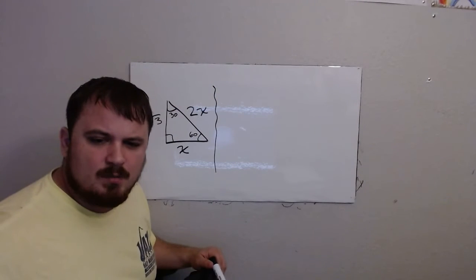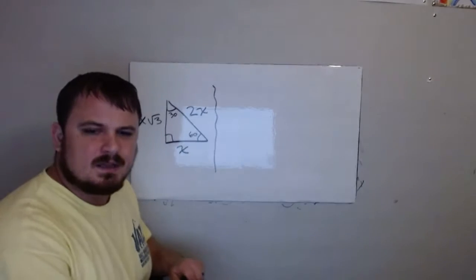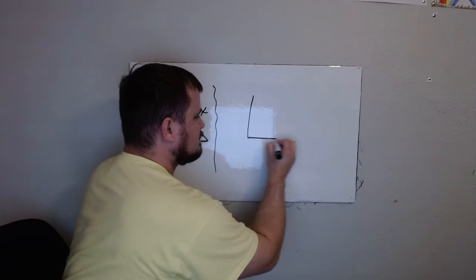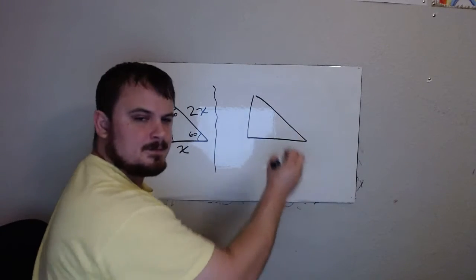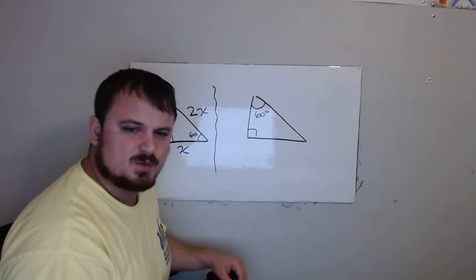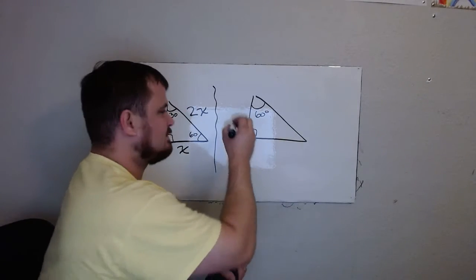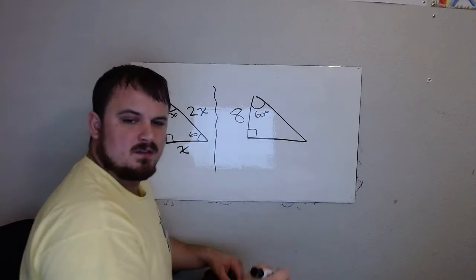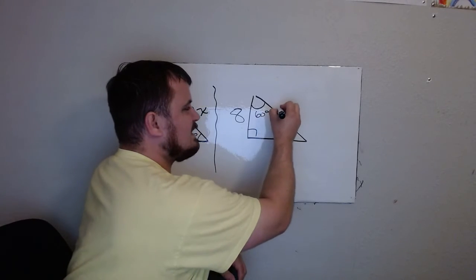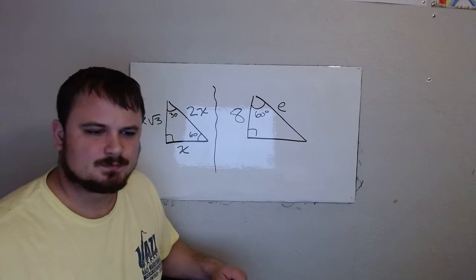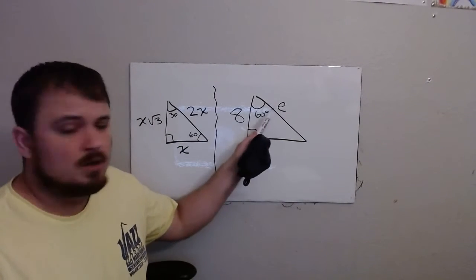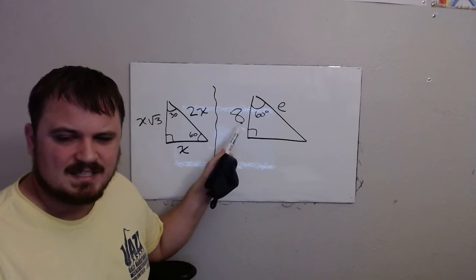Okay, so if I'm going to do a question like this, if it just tells me that's 60 degrees, and it tells me this right here is 8, and let's say we want to find E. We know that that's 60, and we know that that's 8.